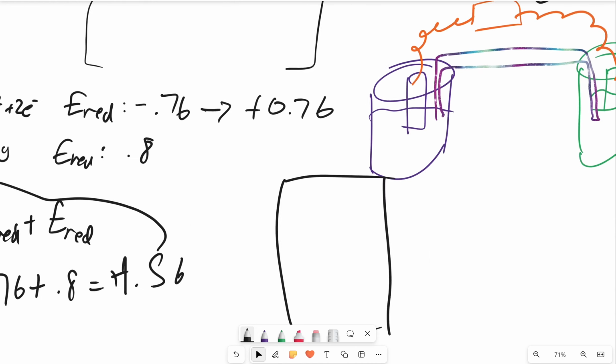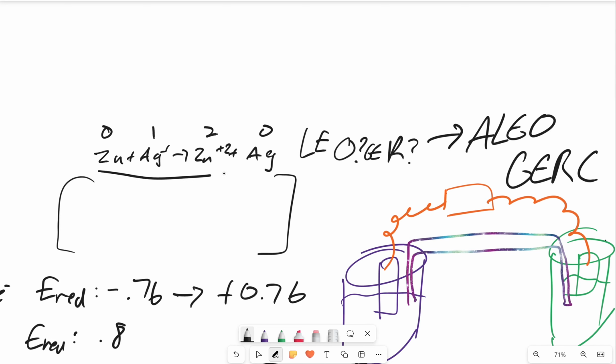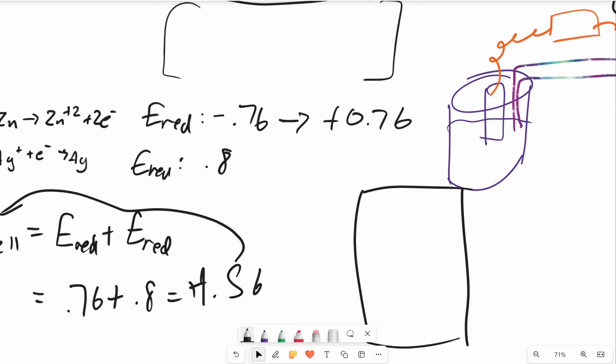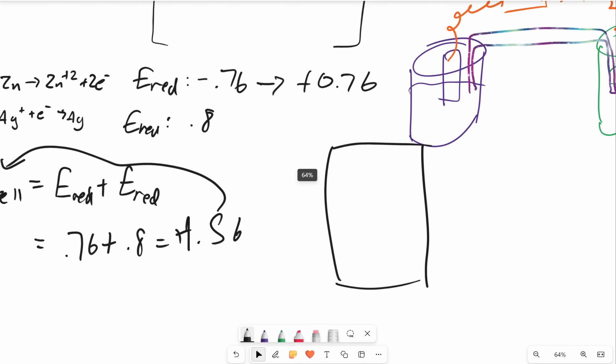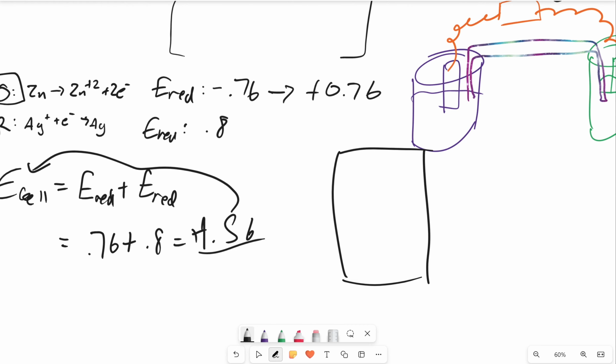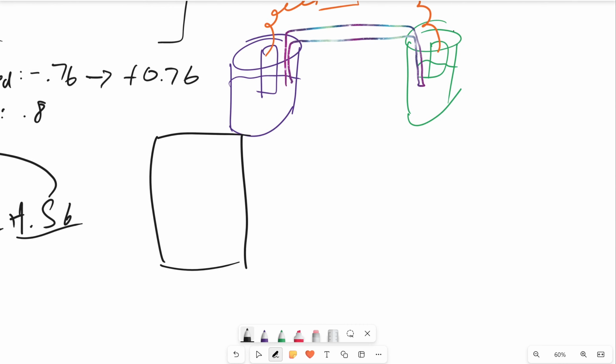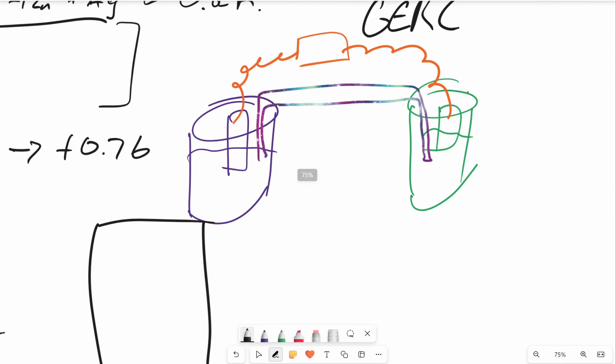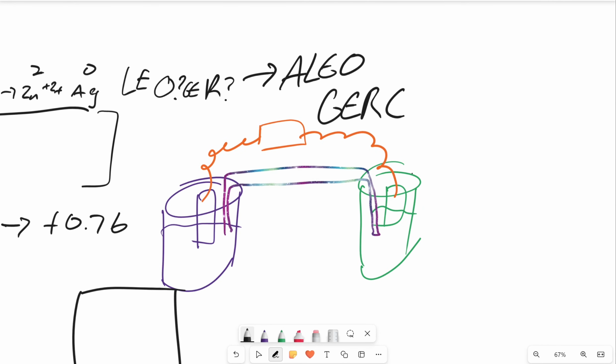Because we have a positive cell potential, we know that this zinc-silver battery is going to be a galvanic cell. Basically, what that means is our electrons go from the anode towards the cathode.